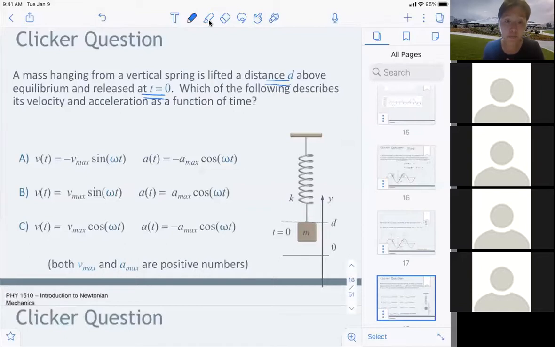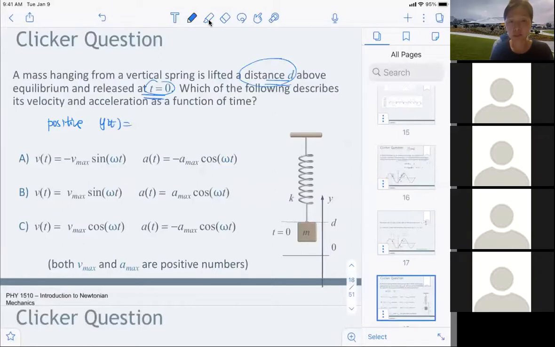We can have two different methods. One is let's simply write out our position function and take derivatives. So how do we write our position function? Right now, we're not going to solve the differential equations all over again.